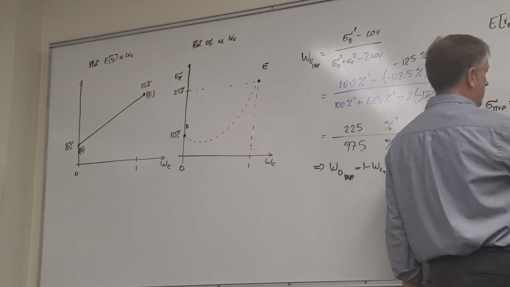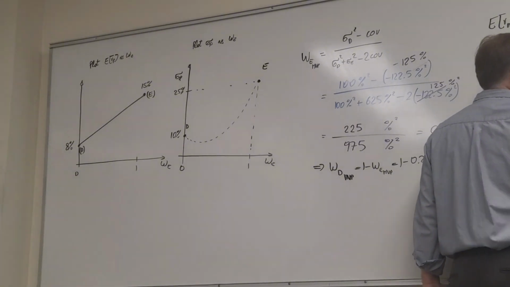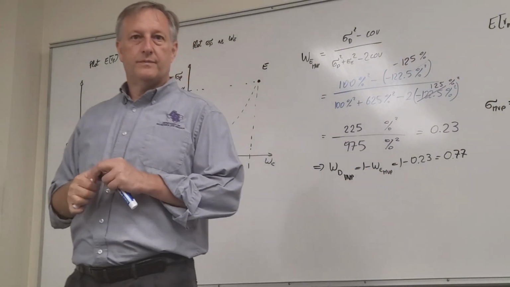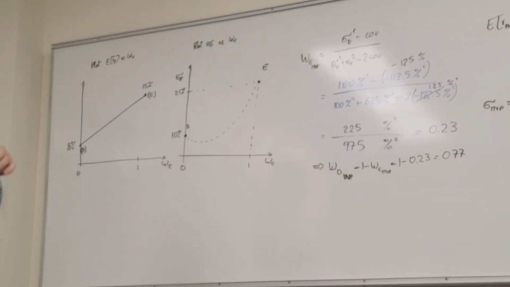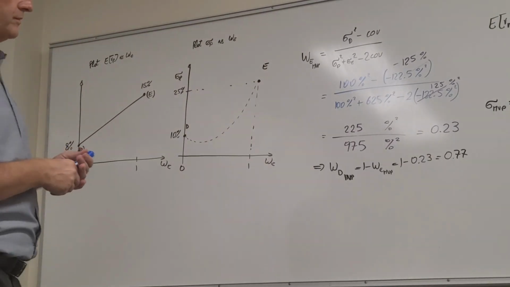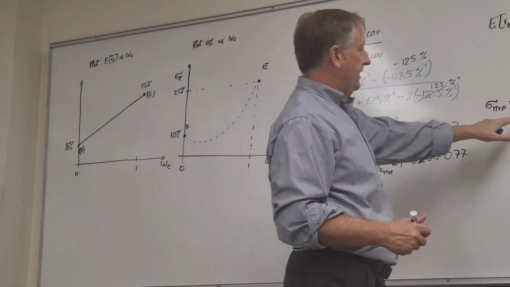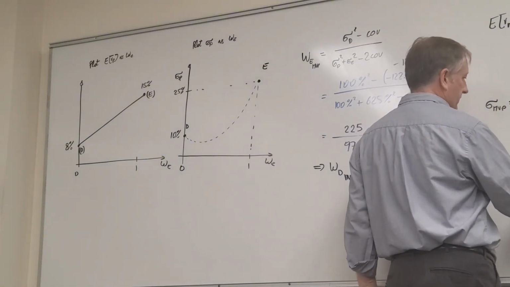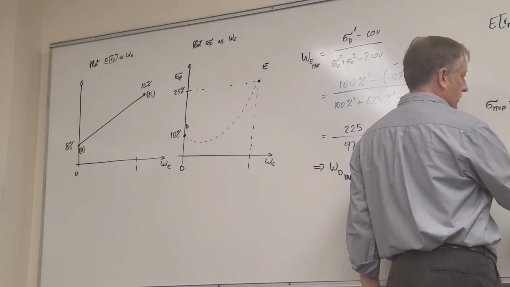Covariance. Yep. Come on, we have 7 minutes to finish. So this guy is 0.23 squared.